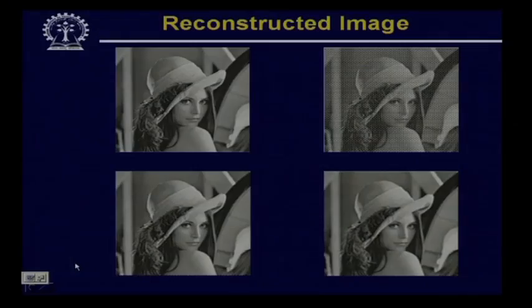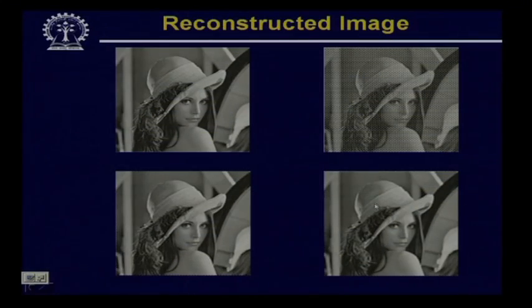Here you find that on the left top, this is again the original image. On the right top is the noisy image contaminated with periodic noise. If I go for the ideal band reject filter and then reconstruct, this is the image I get, on the bottom left. And if I go for the Butterworth band reject filter, the reconstructed image that I get is in the bottom right.